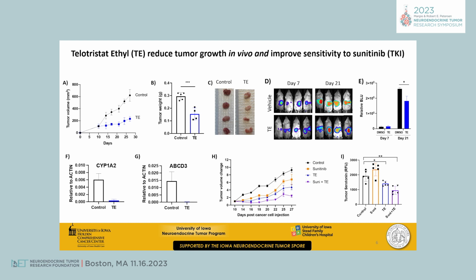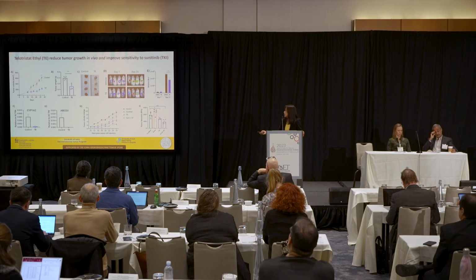And this is what we saw when we combined TE with sunitinib: we actually get a better reduction in tumor growth. We also measured the serotonin level in these tumors, and we saw that the combination therapy tumors actually have really lower serotonin levels as well.